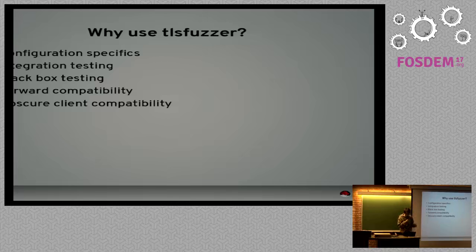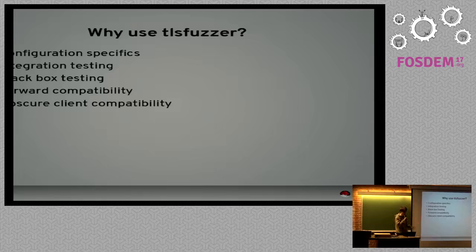Also, you may have some kind of black box like a UPS or a firewall or some kind of appliance, and you want to check if you will be able to connect to that appliance with some future browsers, if it won't have TLS 1.3 incompatibilities or TLS 1.4 incompatibilities.